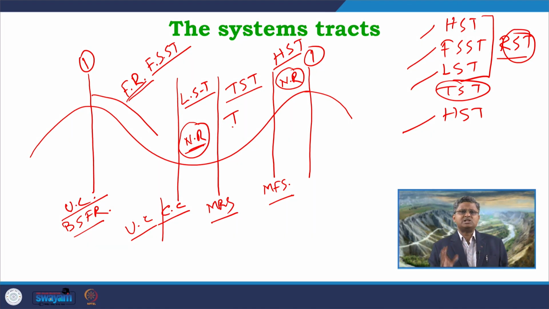So, commonly a systems tract includes the sum of laterally correlative depositional systems. So, when I am talking about a TST, that means it is a transgressive systems tract, and then we are considering all the depositional systems which are occurring across the basin and how they are depositing sediments in terms of facies architecture during that particular phase of transgression.